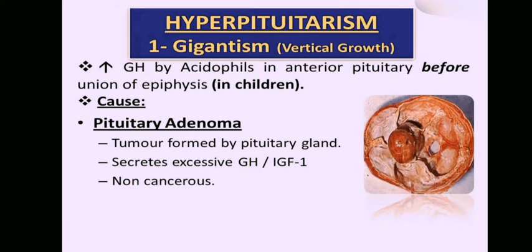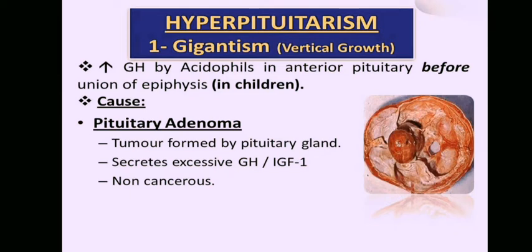First of all is growth hormone, whose secretion is increased and leads to gigantism, which is vertical growth. Growth hormone is increased by acidophils of the anterior pituitary before the union of epiphysis, meaning it is found in children.